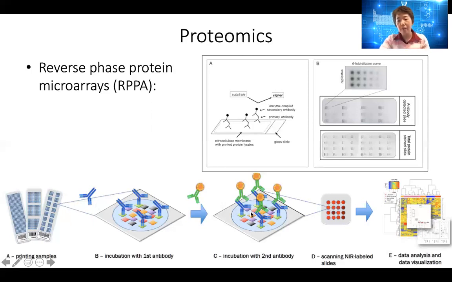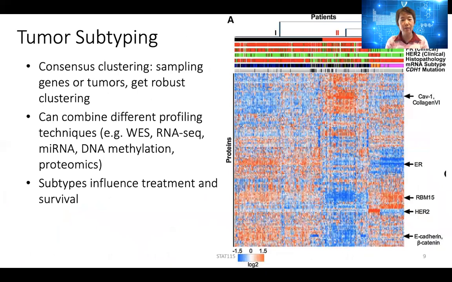At the end, you can know for each tumor how much they have for any protein you have a good antibody for. For TCGA, they have something like 300 different antibodies against proteins that they know are potentially interesting or useful to know. They also profiled thousands of samples, and that data is also publicly available. Now with all the data available, you wonder whether you can cluster them together.